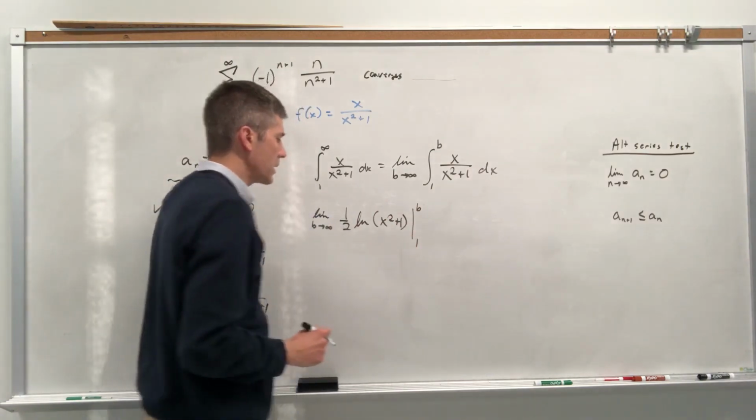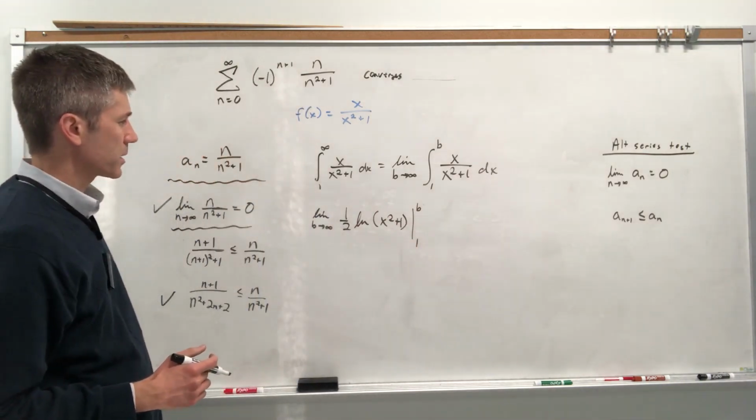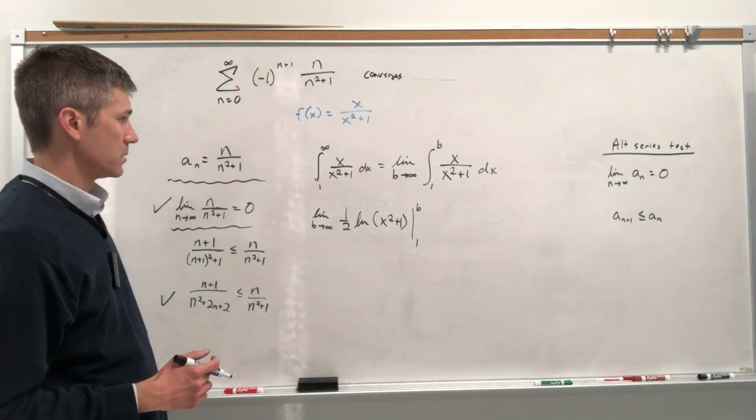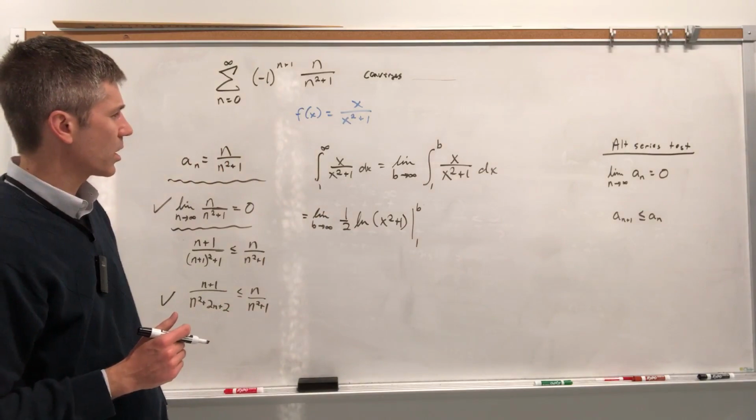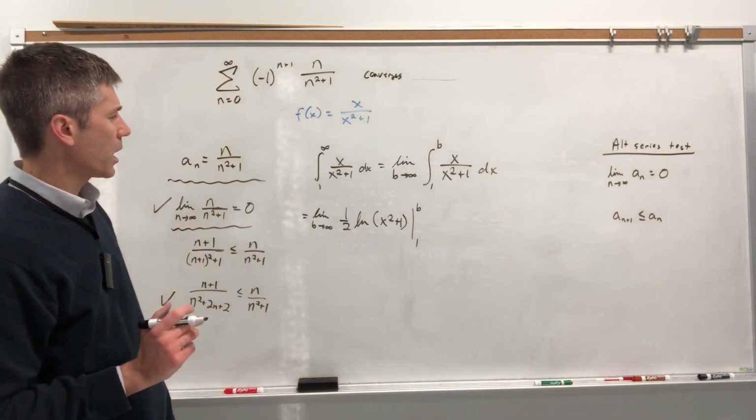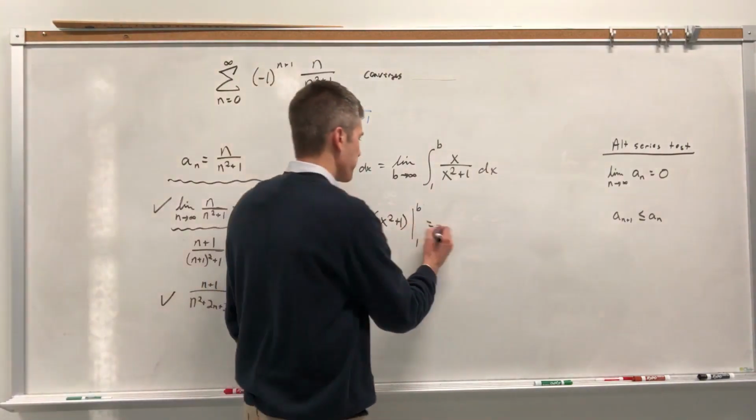Or 0 if we wanted to go backwards on that, but there we go. From 1 to b. Pause, double check your work, make sure you're good. Are we good? I feel great. Left some equal signs off, but I feel great so far. And we're moving on. Okay.